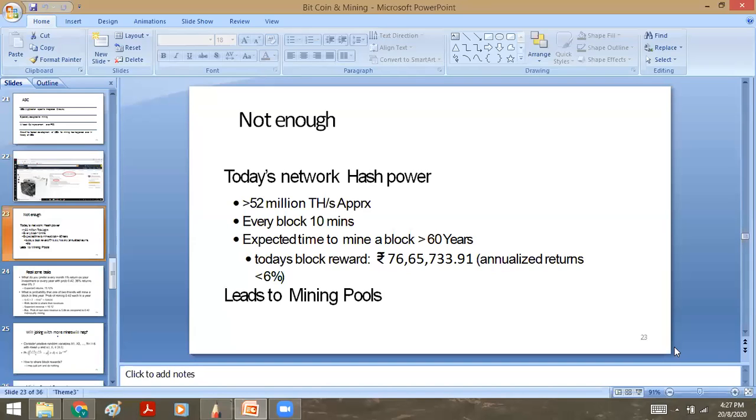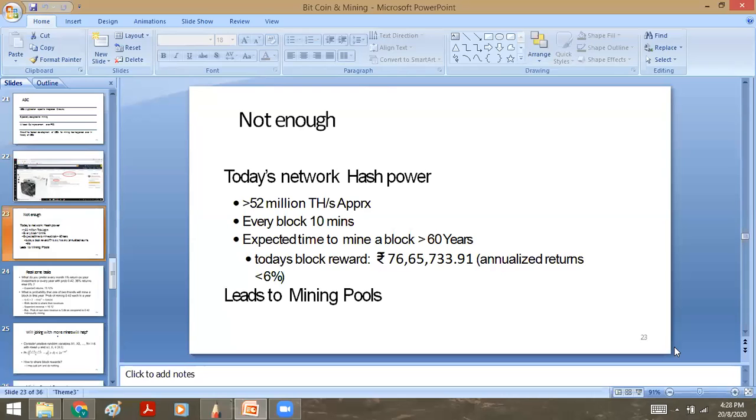And the people who are buying Bitcoins are buying because it is an asset. Over a period of time, if the value of Bitcoin goes up, they can sell it to another person and make profits. That is the intent with which miners and traders or users transact Bitcoins.